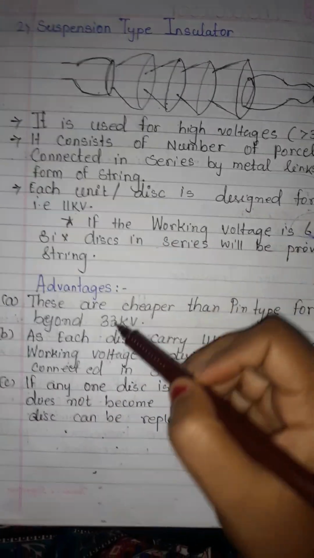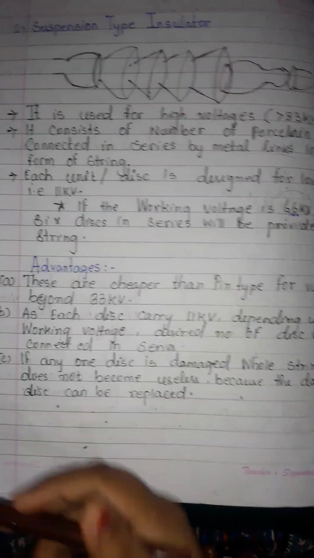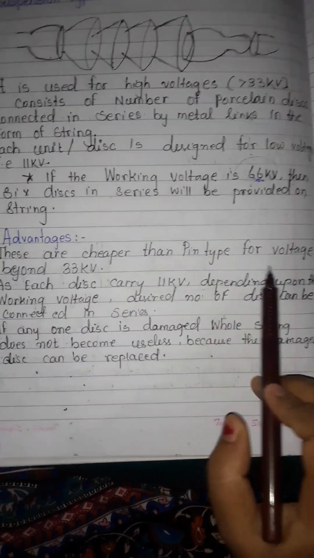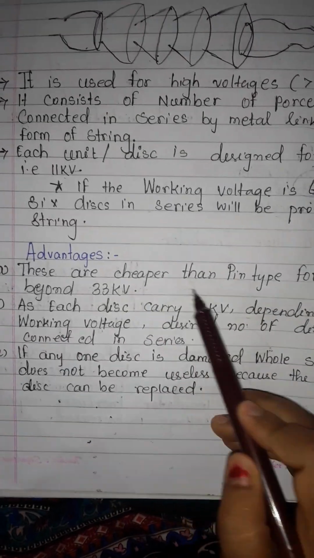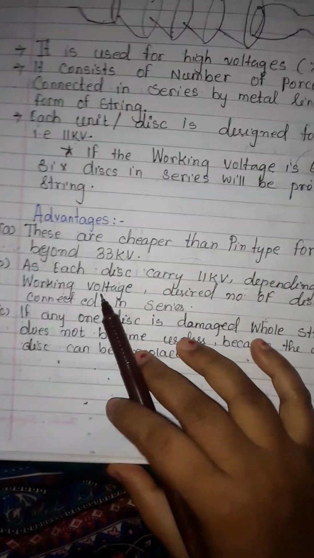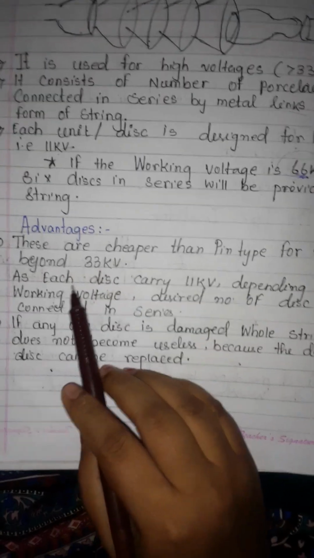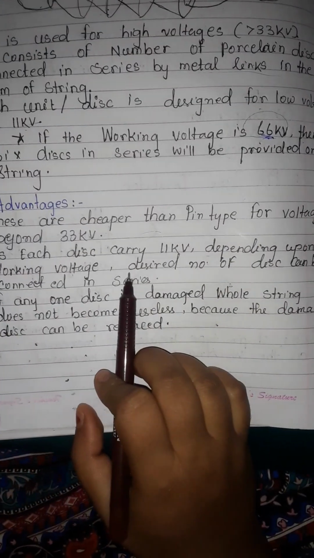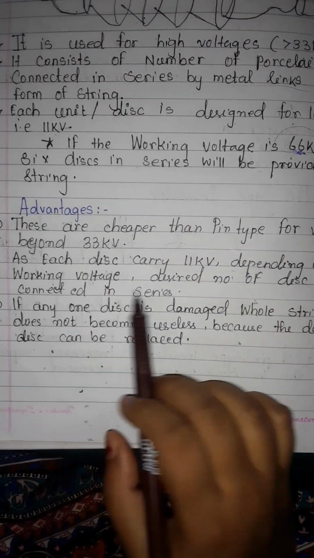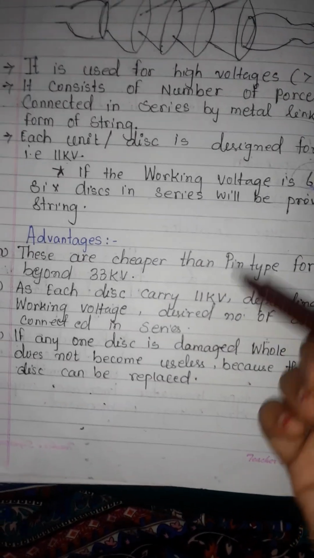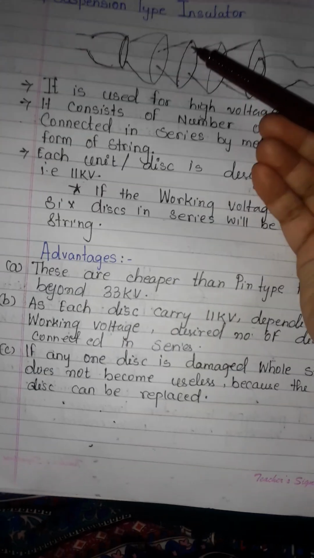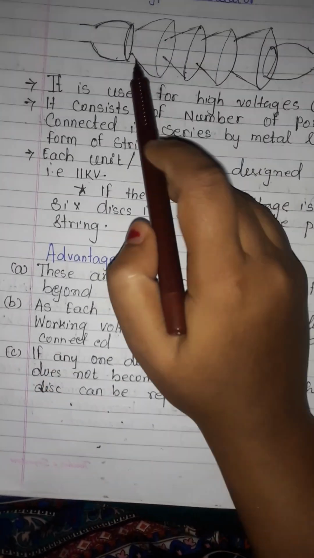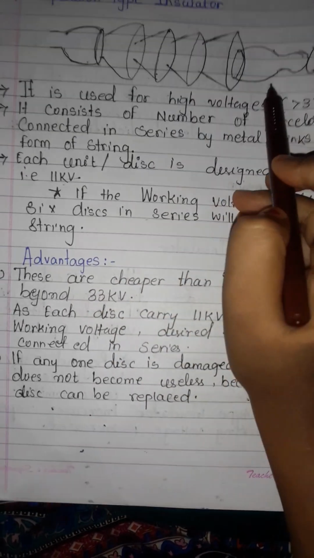There are some advantages of the suspension type insulator. What are these advantages? These are cheaper than the pin type for voltages beyond 33 kilovolt. These are much cheaper than the pin type, as each disc carries 11 kilovolt. Depending upon the working voltage, the desired number of discs can be connected in series. As each disc carries 11 kilovolt, as per our voltage requirement, we can connect that many discs in series.